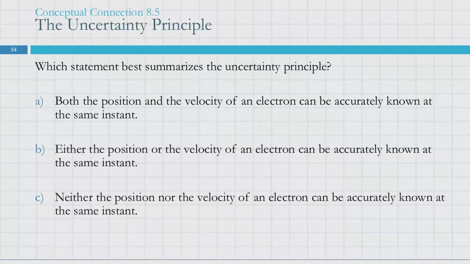Who knows which one it's not? It's definitely not A, right? We can't know both at the same instant. I think the correct answer here is B. Either position or velocity can be accurately known at the same instant. So we can have high confidence of one, but not high confidence of the other.